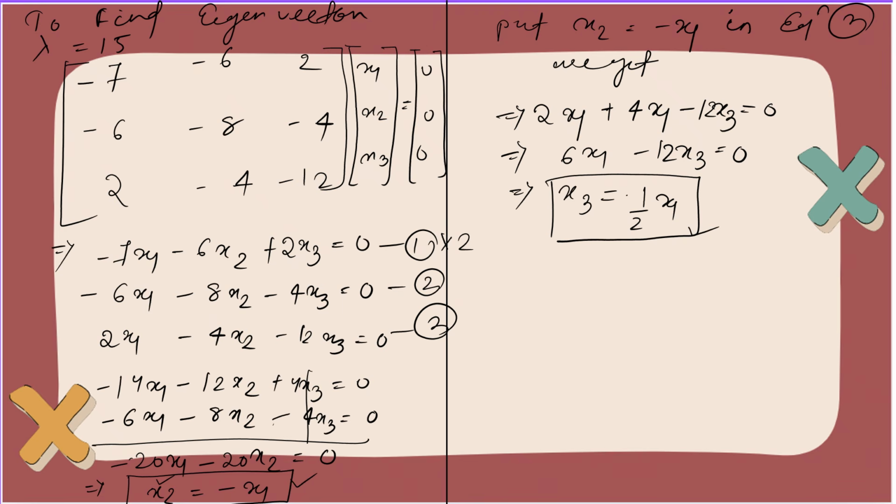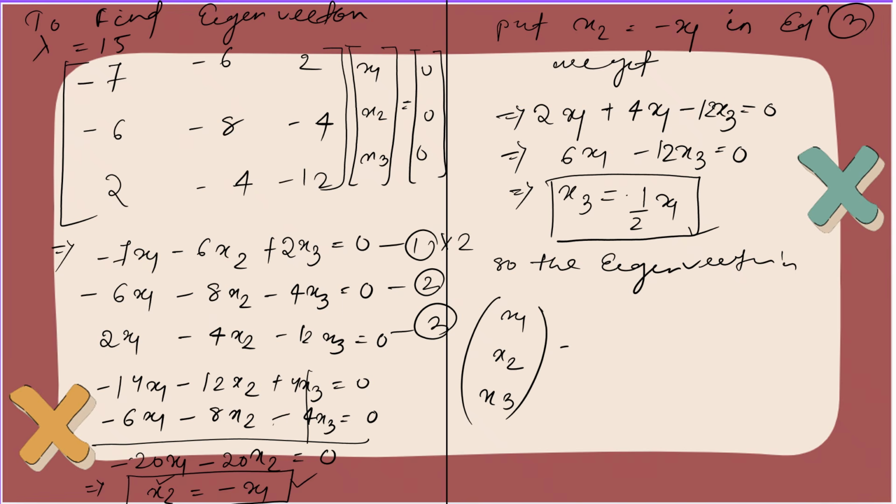Now write the eigenvector. So the eigenvector is like x1, x2, x3. So simply write x1 as it is, x2 as minus x1, and x3 as 1 by 2 x1.